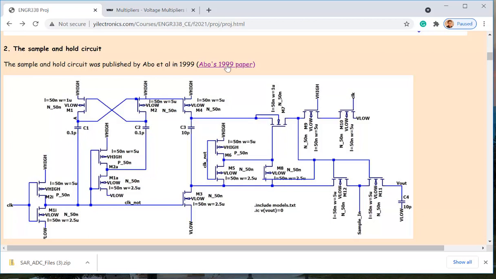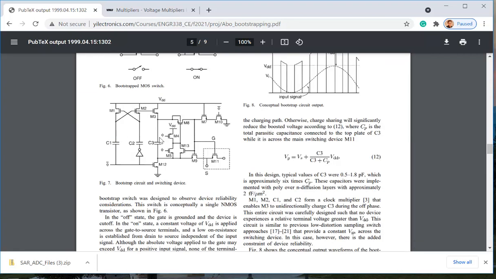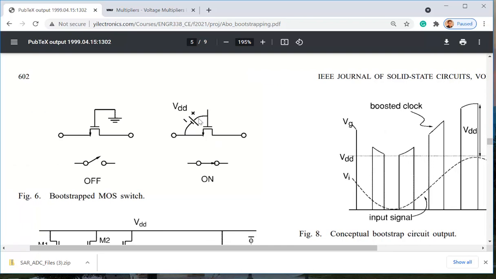So refer to the paper, but just keep in mind what is desired. If you look at this model here, for the NMOS, we hope the VGS to be constantly VDD, not the VG to be VDD, but VGS to be VDD. So we are turning on the NMOS at the same level always. It's just a model, right?